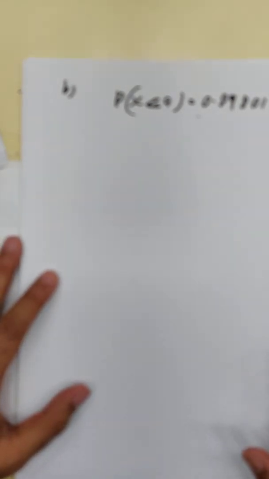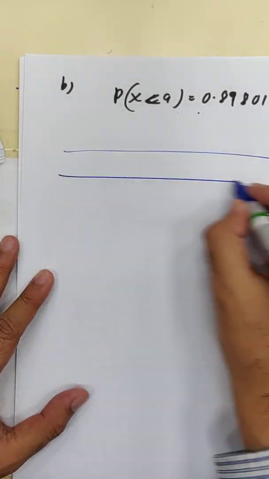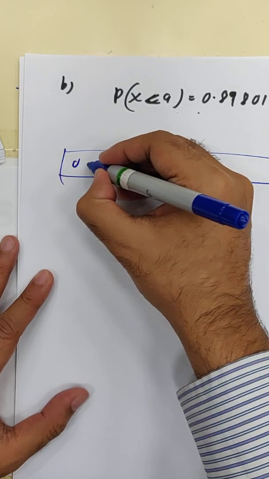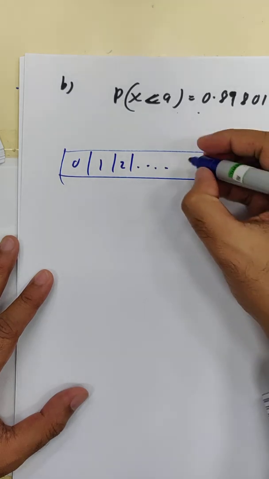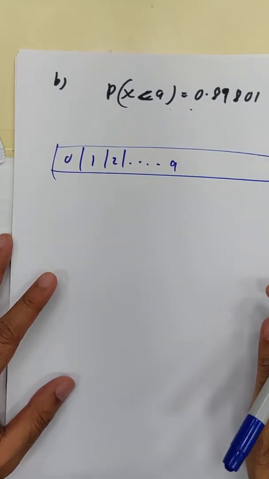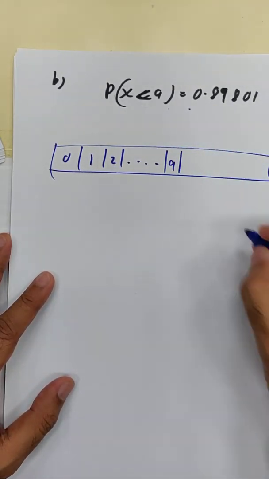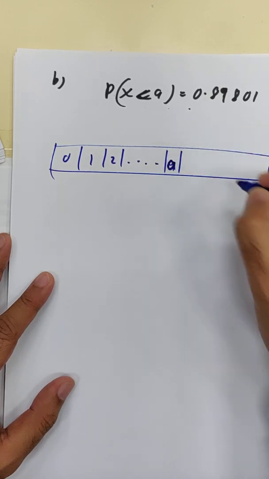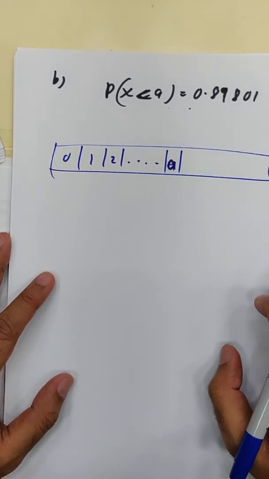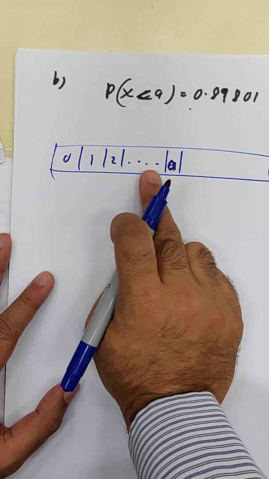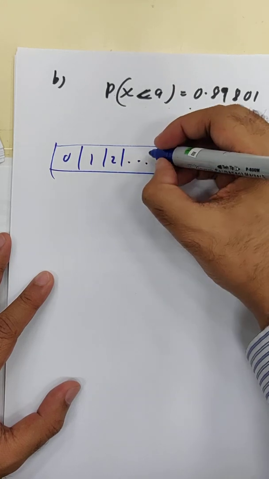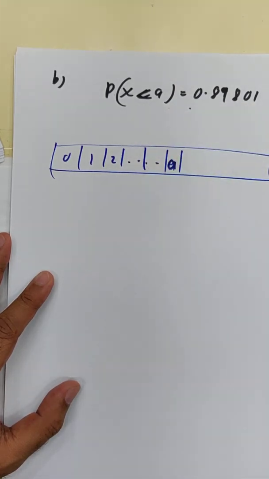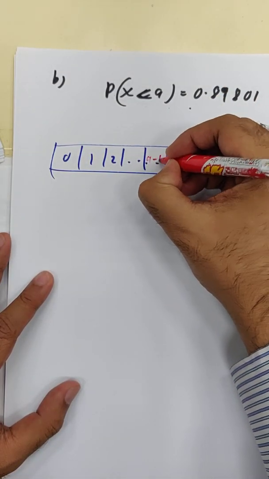If we do the room technique for this case, it's going to start with 0, 1, 2, but we do not know where a is. So we write down a over here. Let's say it's a proper a, not 9. What's the one number before a? We do not know right now, but it's going to be one number less. Do you agree with me? So it's going to be a minus 1.